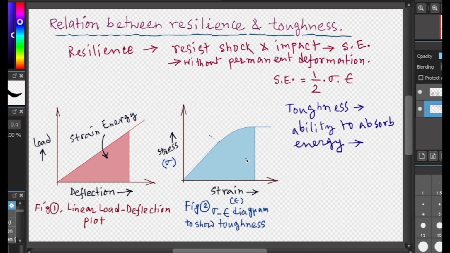In both cases, for resilience we take the load versus deflection curve, and in case of toughness the measurement depends on the stress strain value. Okay, and the strain energy under this curve is the amount of absorbed energy, that is the measure of resilience in case of figure 1 and toughness in case of figure 2.